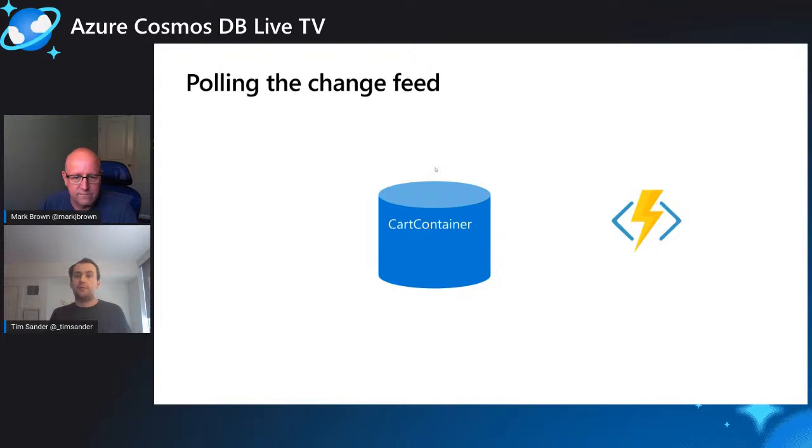It's possible, if you have two regions and a region that's only there for disaster recovery purposes, that you could read from that region's change feed, since it just has all those RUs sitting there and available. Since maybe change feed reads are not as latency sensitive, they could go to a region farther away. That's one thing to keep in mind that might not be immediately obvious, but otherwise there's not too much you have to consider with multi-region scenarios with change feed.